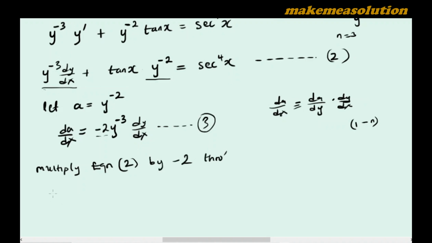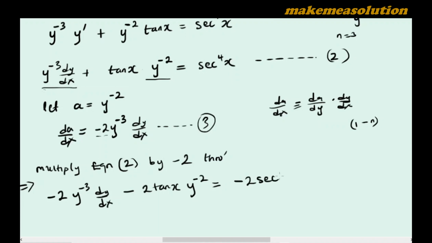If you do that, you're going to get minus 2y to the minus 3 dy dx, minus 2 tan x y to the minus 2 is equal to minus 2 sec to the 4 of x. So this is equation 4.